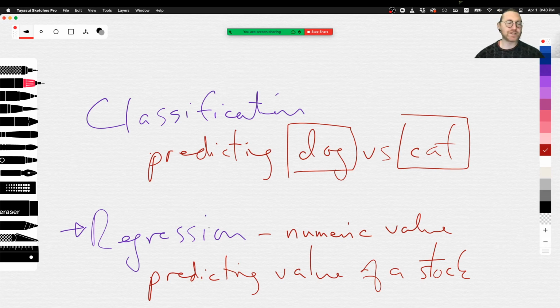In regressions, we tend to optimize by error calculation, right? How far are we away from the prediction? In classification, we tend to optimize in terms of, did we get it right? How many times did we get it right out of how many times we tried? How many times did we get it wrong out of how many times we tried?